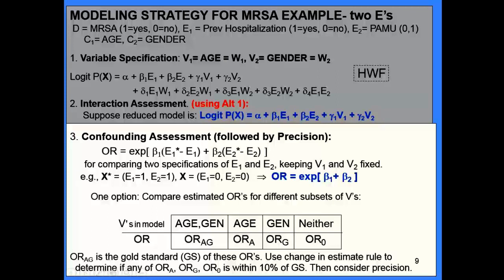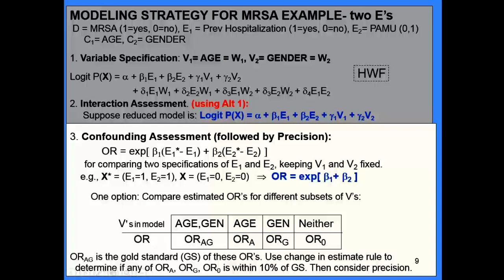So the odds ratio is e to the beta 1 (E1* minus E1) plus beta 2 (E2* minus E2), where E1* is the value of E1 for one person, and E1 is the value of E1 for the other person. So for one person it's 1, and the other person it's 0. And this is for the previous hospitalization variable, and this is the PAMU variable, 1 versus 0.